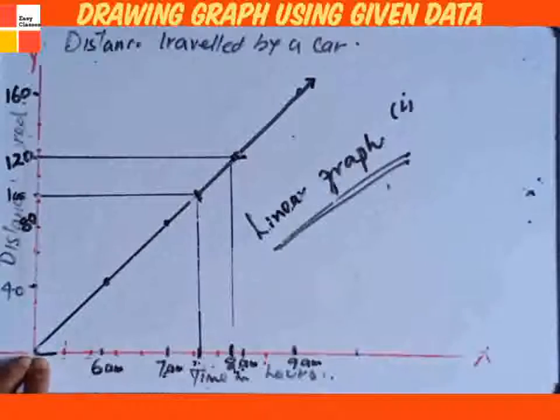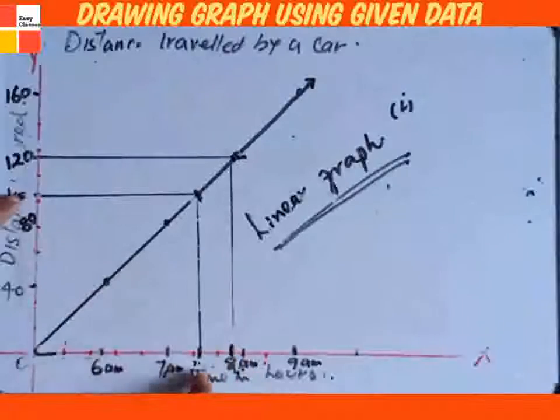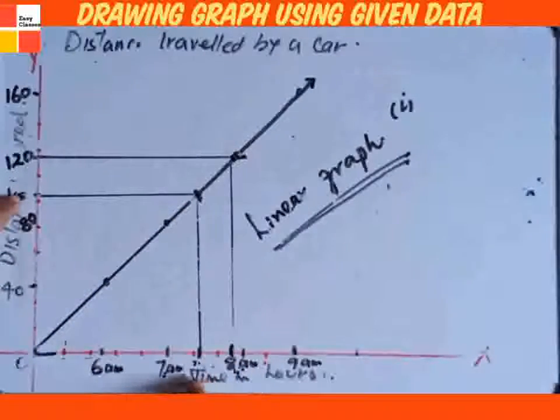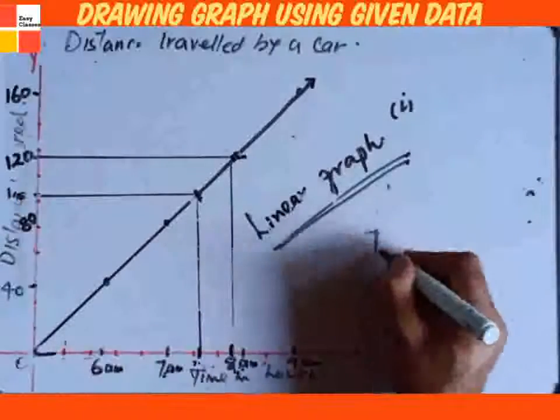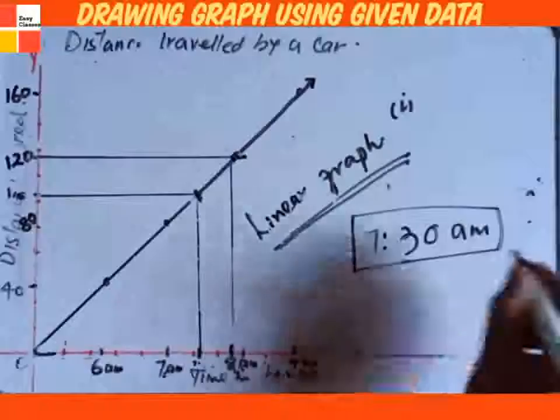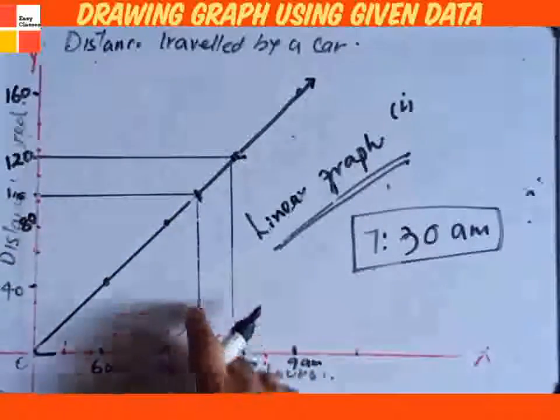The time at which the car completed 100 kilometers of distance: 100 kilometers is over here, and the time at that point was 7:30 a.m. The answer is 7:30 a.m.